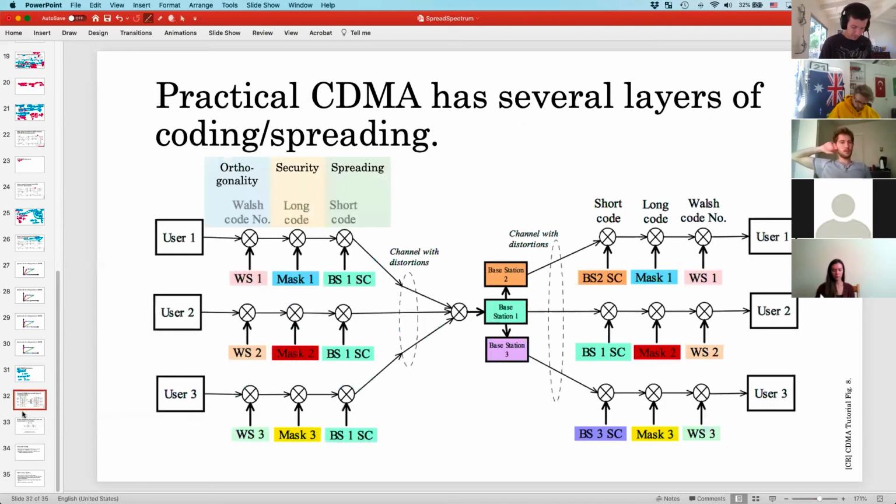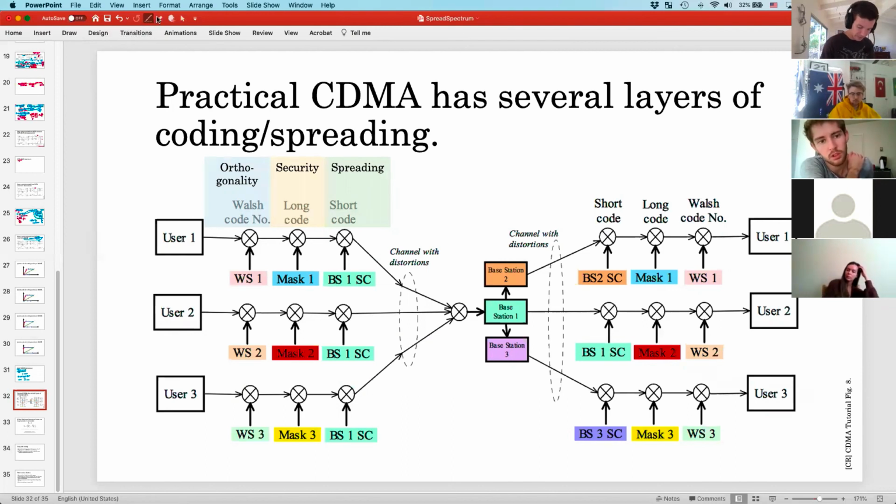Okay, so let's talk about how this works or worked in practice, in particular your 3G mobile telephony. It's kind of interesting that, I've been presenting this as simply you spread your data, you send the spread data, you despread the data, and then job done. But what actually happened in CDMA is 3 separate spreads.